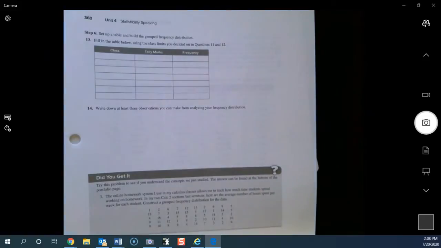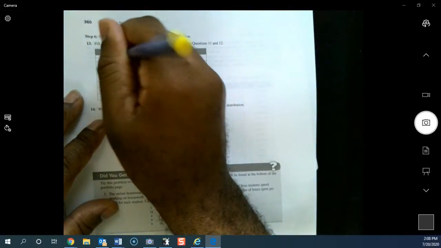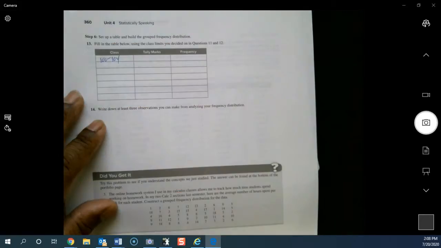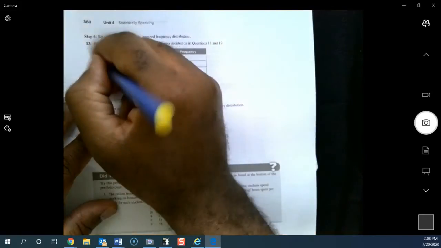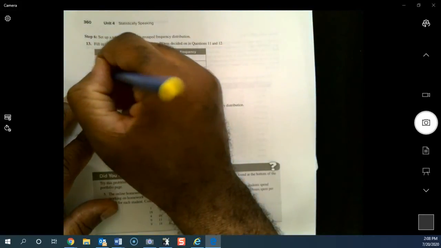Okay, now we move on here to problem 13. It says, fill in the table below using the class limits you decided in question 11 and 12. All right. So remember, we had 100 to 104. I guess I'll do it like this.